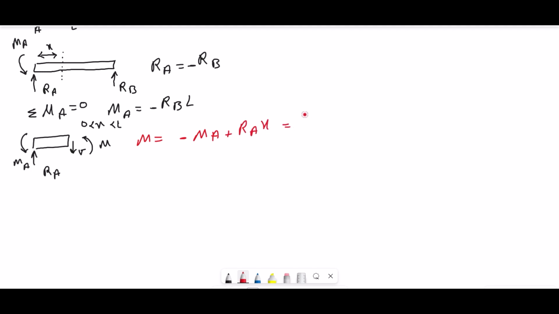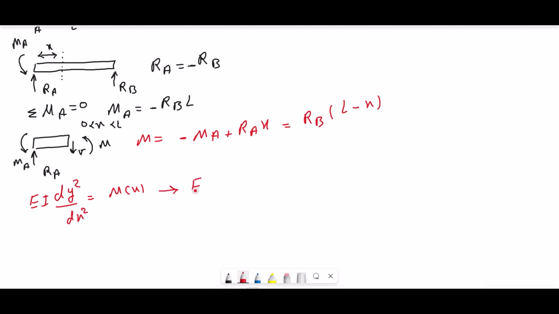So this will be equal to R of B times (L minus x). And in order to find deflection, we put this back in this differential equation.